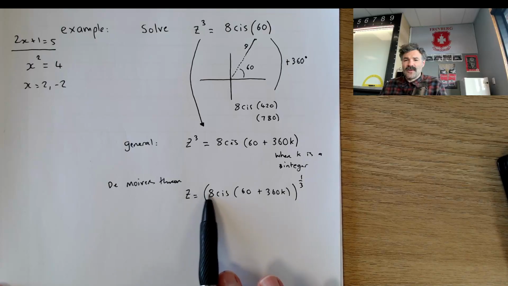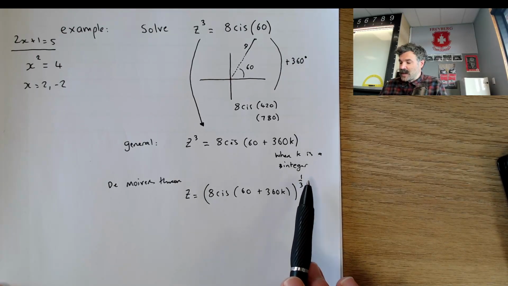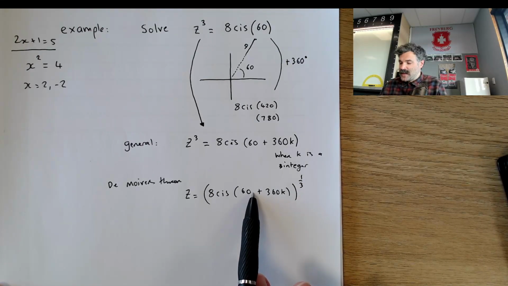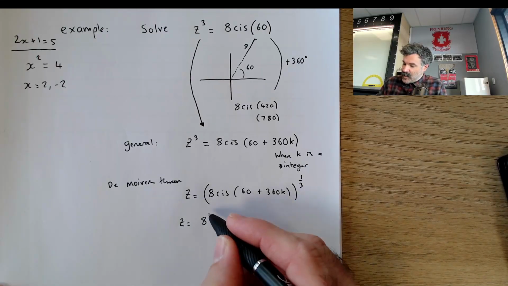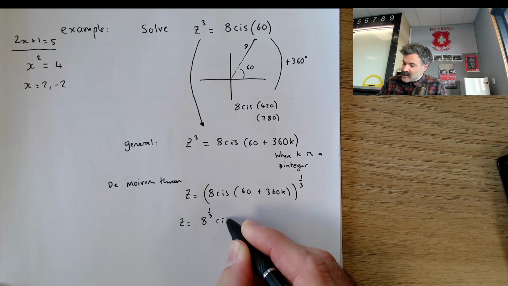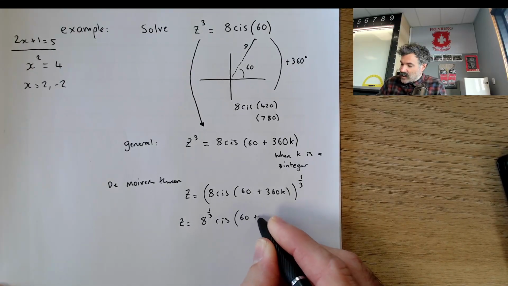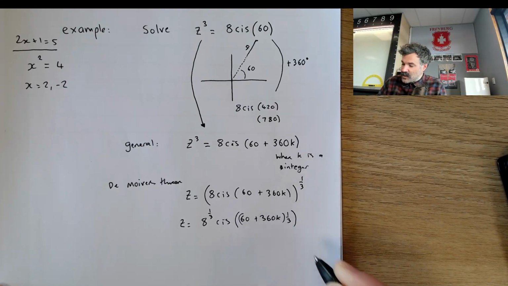But basically, if you have a complex number raised to a power, this becomes the power of the r, but it multiplies to the angle. So this will become 8 to the power of a third, cis of this stuff times by a third. So 60 plus 360k, all of that times by a third.